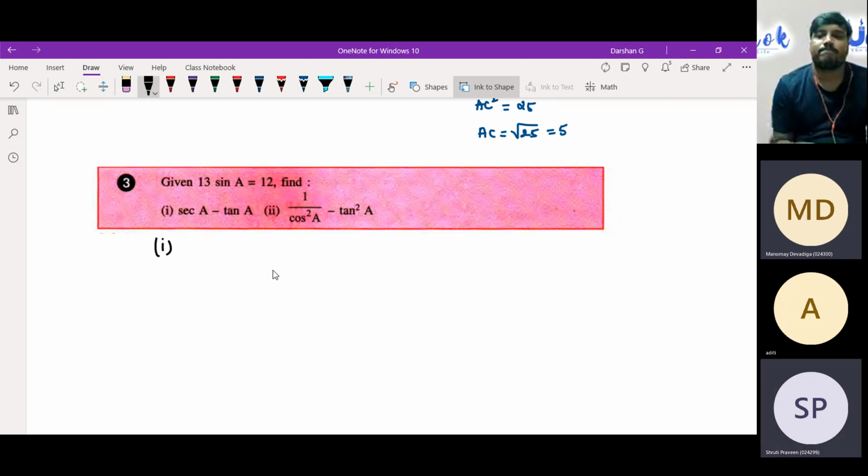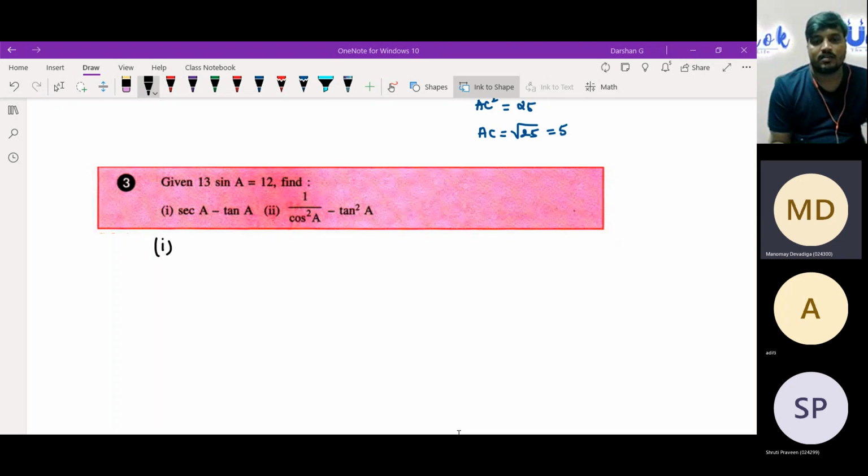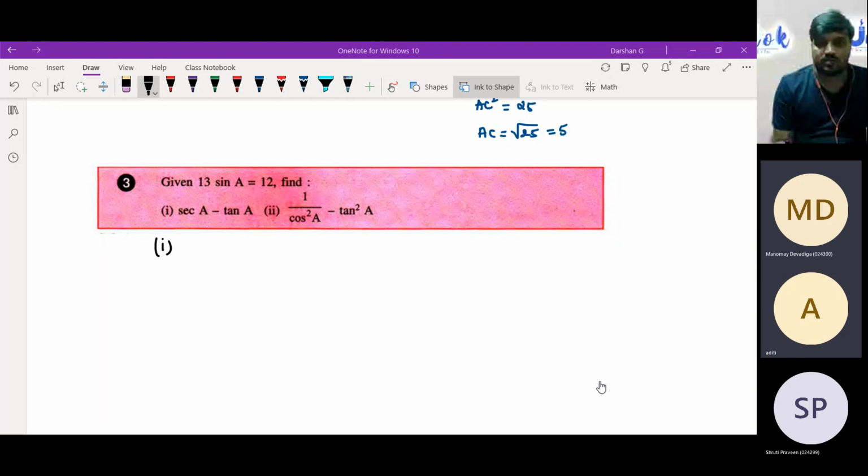The first one is 1/5. Okay, let's see. Fine, let us see the answer. Who answered this? Shruti, right? The second one is 1. That is what you think it is.